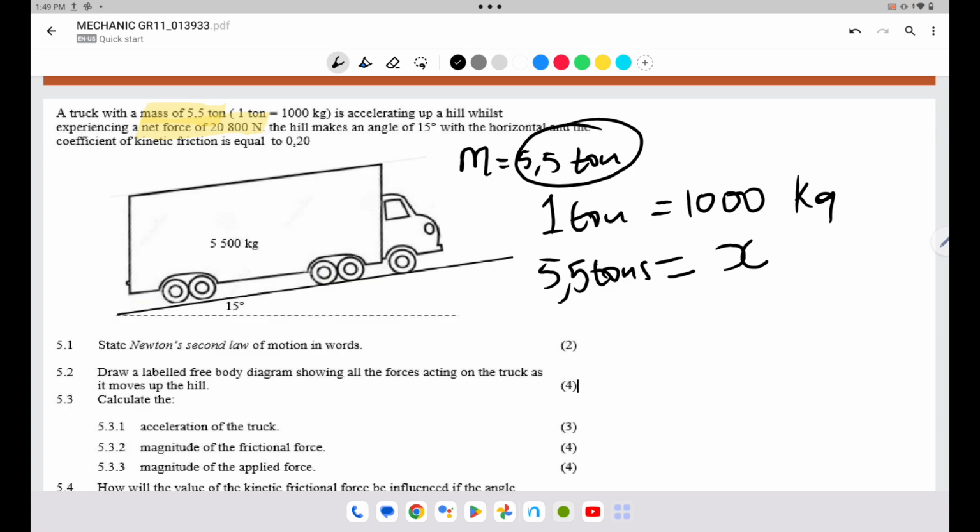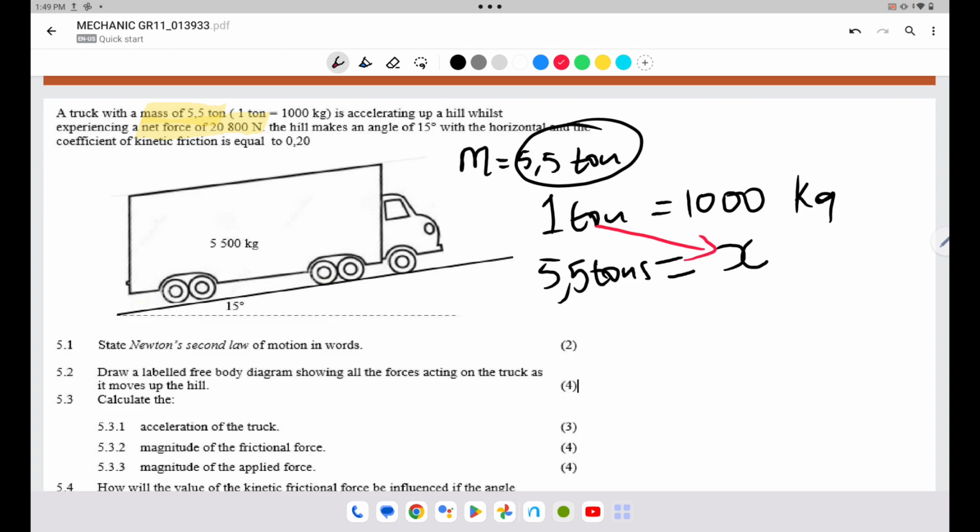So we want to know how much 5.5 tons is equivalent to in kilograms. So far we don't know that information. So I'm saying that 5.5 tons is equal to x kilograms, and we're going to figure out how much x is. So from there you can cross multiply.